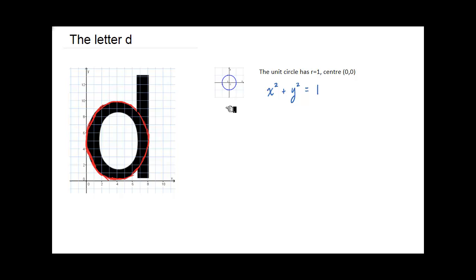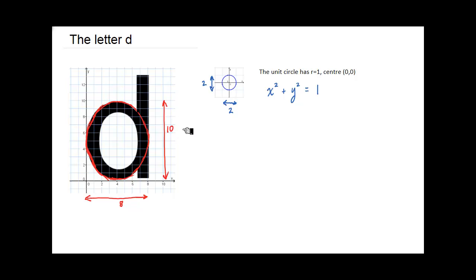Well, the blue curve has a diameter, or a width, of 2 units, and it has a height, or a diameter, of 2. But the red curve is not a circle, so it's got what we call the minor axis, or a width of, approximately 8. It has a major axis, or a height, of approximately 10.